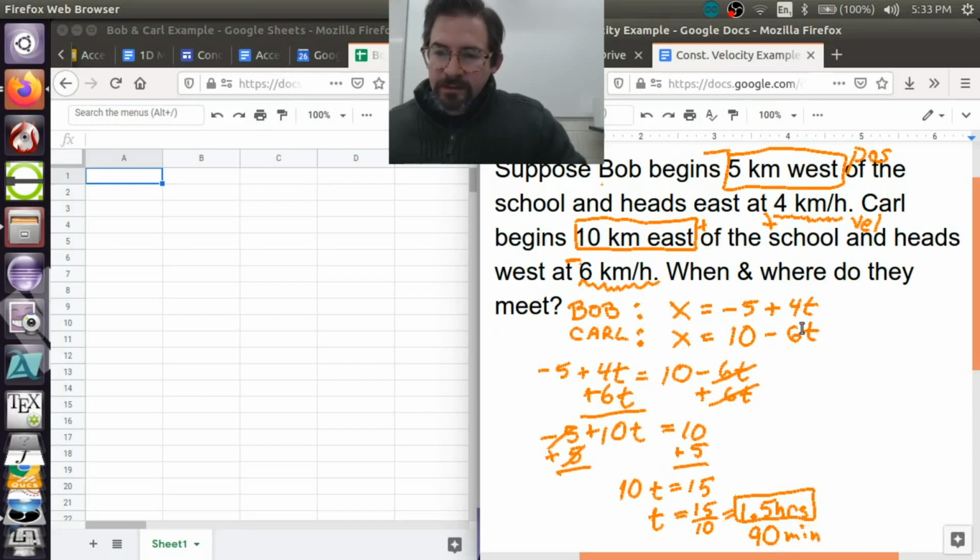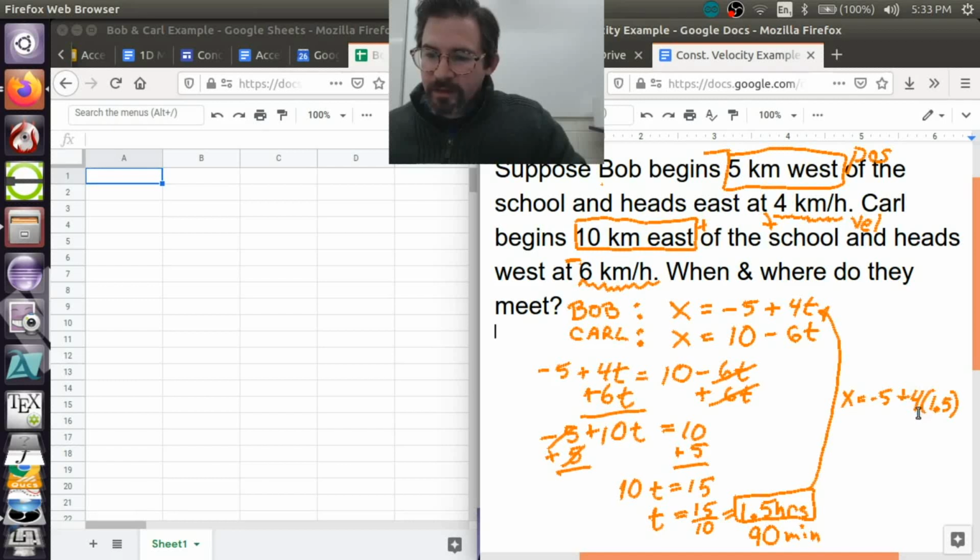Now, since these equations are in hours, I want to take my hours result, 1.5 hours. We found out when they meet, but we want to know where they meet. So let's take this 1.5 and plug it back into our original Bob equation. That gives me that x equals -5 plus 4 times 1.5. How much is 1.5 fours?